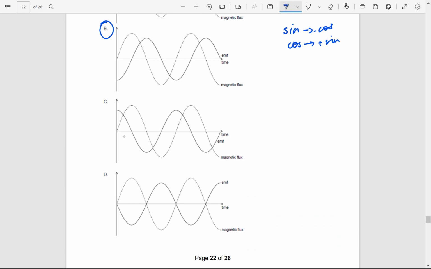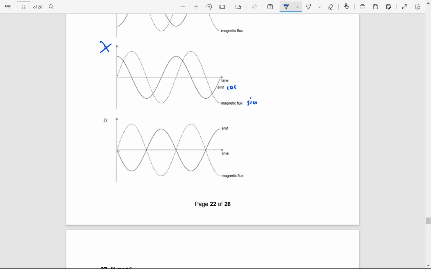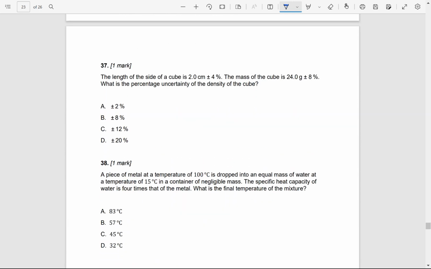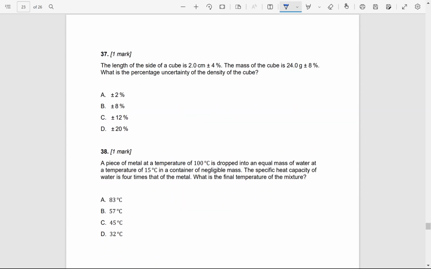It's going from a sine to a cos. So it's flux to EMF. So this one is sine going to cos. That is not an option. So that's not that one. And then this one is sine to minus sine. That's not an option either. So it's B.